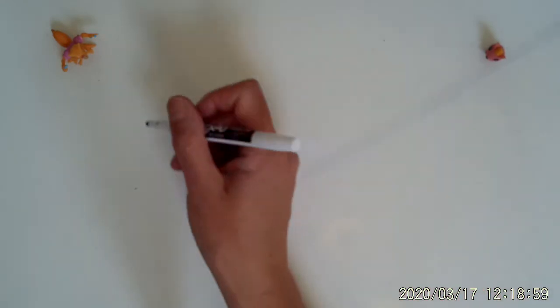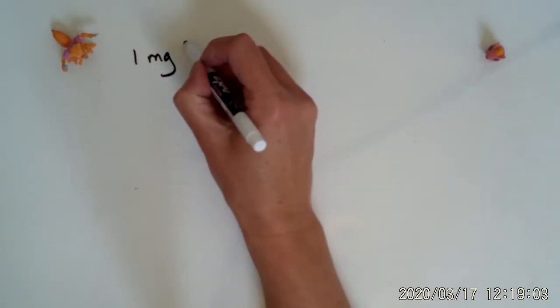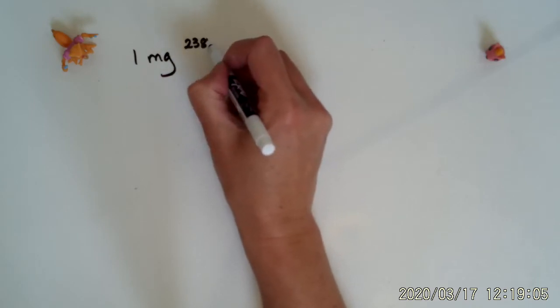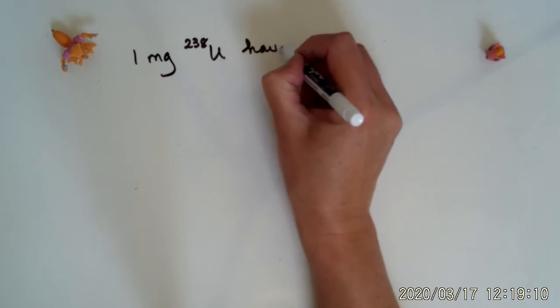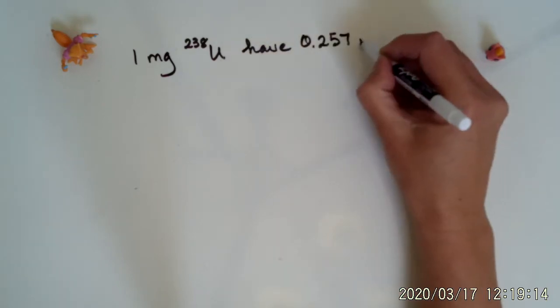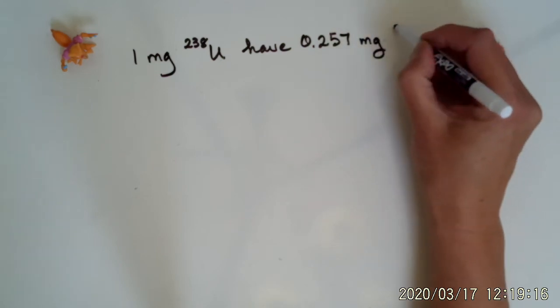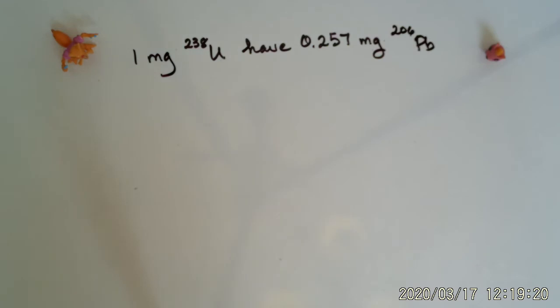If we look at the rock, what we find is this ratio, that for every 1 milligram of uranium-238 in this rock, you have 0.257 milligrams of lead-206.